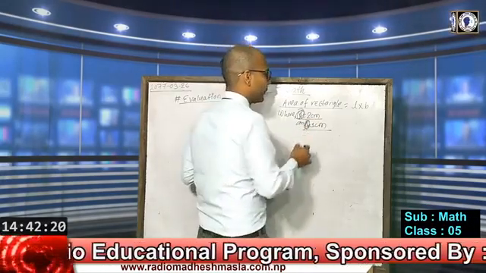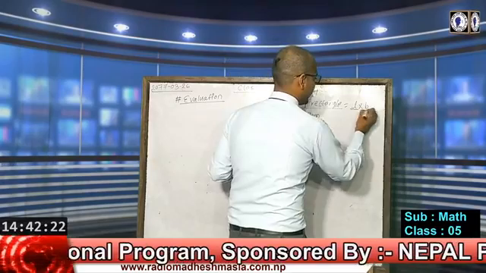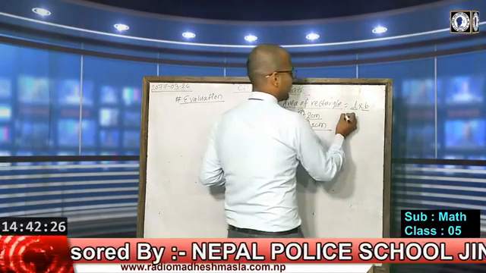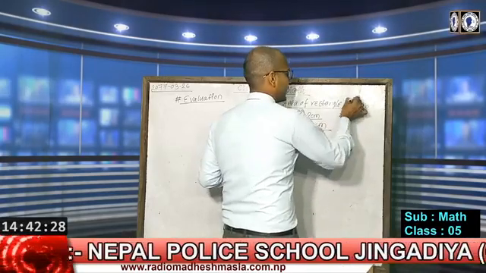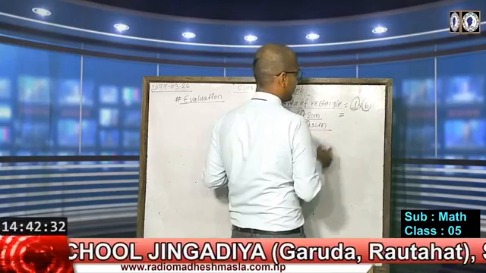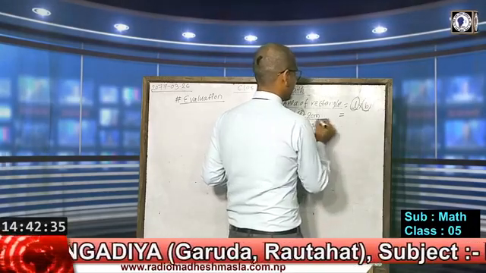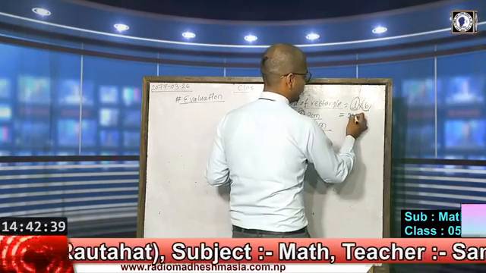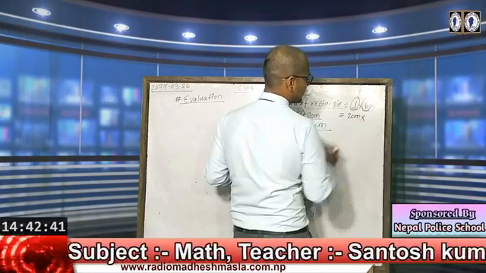To find the area of the rectangle, we just replace the values of L and B at the same places where L and B are lying. At the place of L we use 2 centimeters, there is a multiplication sign, so multiply.